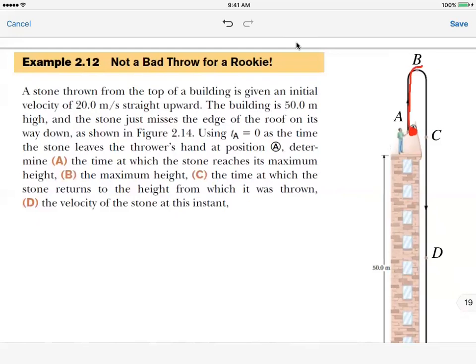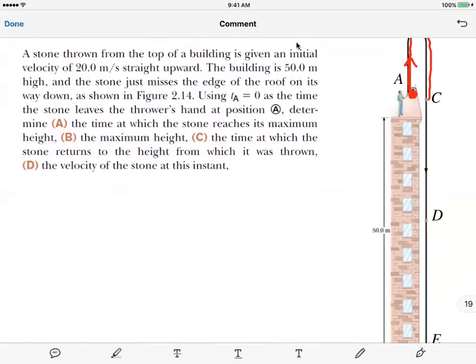It goes from point A, goes up, then passes by a point B, and then it goes down, passing through C, D, and E. The initial velocity of this stone is 20 meters per second. The building is 50 meters high, and the stone just misses the edge of the roof on its way down, as shown in the adjacent figure.